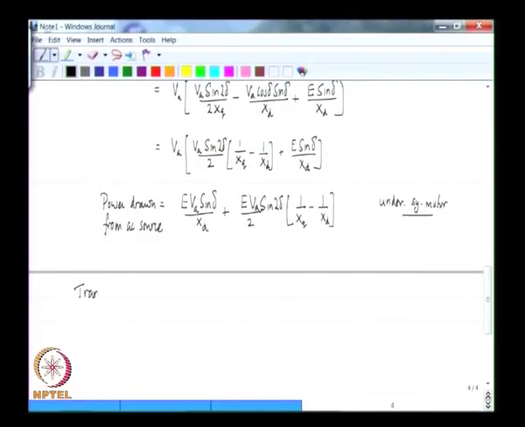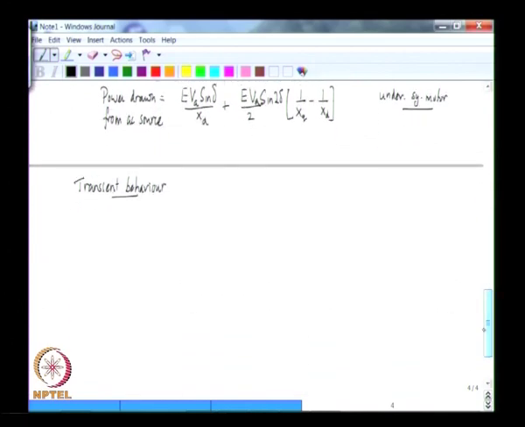So, it is not something that is dramatically different as far as steady state analysis is concerned, but what these formulations do give us is information about the transient behavior of machines, which our study in the first course of electrical machines did not give us.